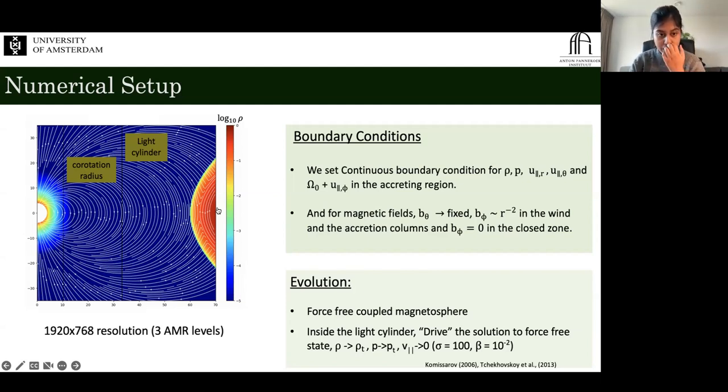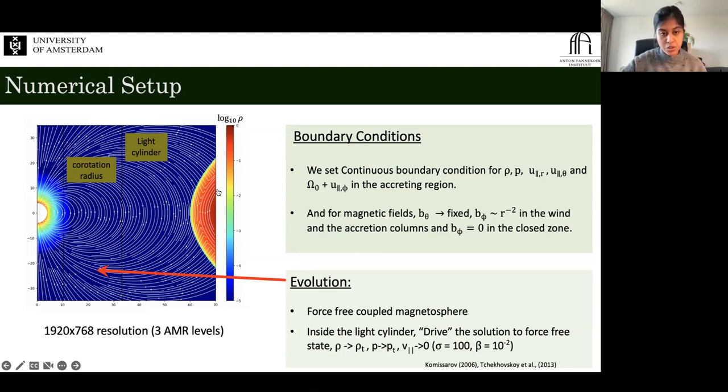So in order to maintain this highly magnetically dominated region close to the neutron star, what we do is drive the solution inside the light cylinder radius to some target pressure and density values, such that sigma is always set to 100 and the plasma beta is always set to 10 to the minus 2.